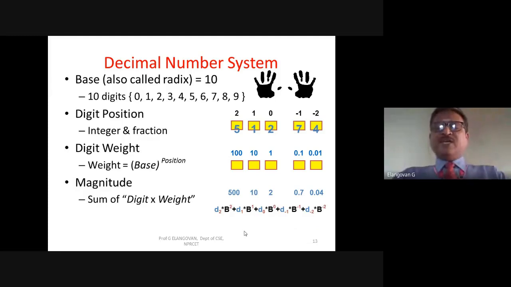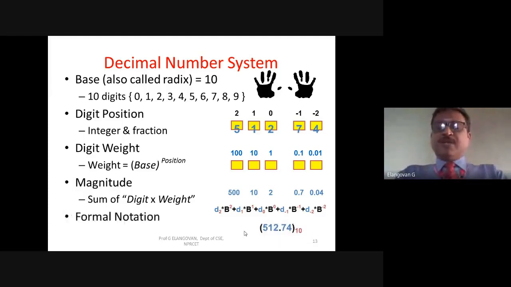To calculate each positional value: 5 times 10 power 2, 1 times 10 power 1, 2 times 10 power 0, 7 times 10 power minus 1, and 4 times 10 power minus 2.